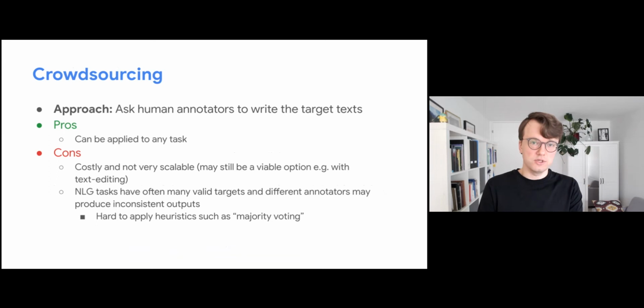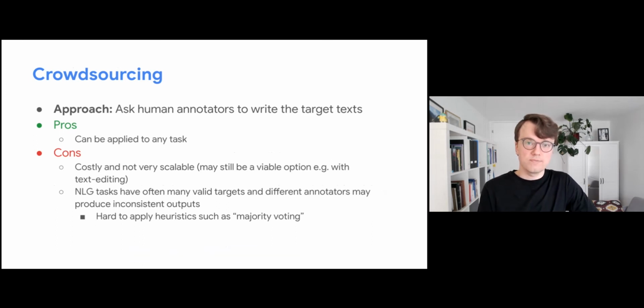But still, like we discussed last week, these text editing methods tend to be very sample efficient. So in these cases, crowdsourcing might actually be a viable option for the data collection. And this is something I've also seen in my own work. Also, like I mentioned earlier, when you do heavy pre-training, this will also make your method more sample efficient, and then crowdsourcing might become viable.